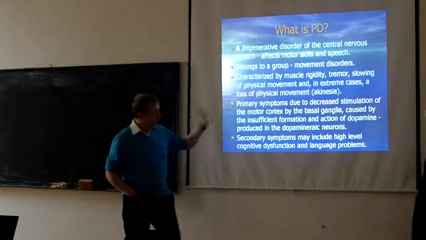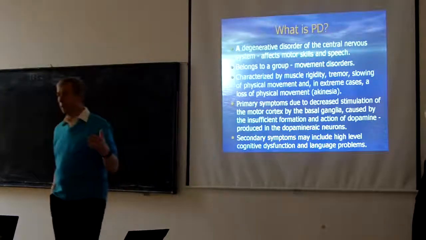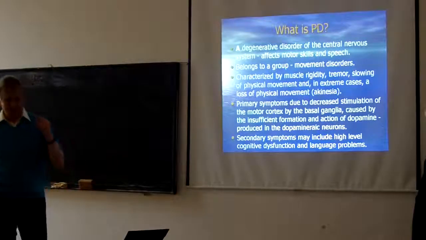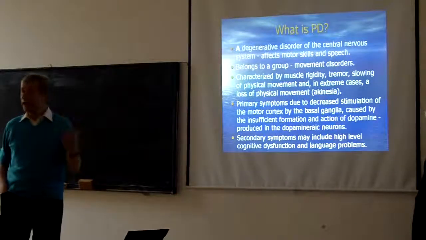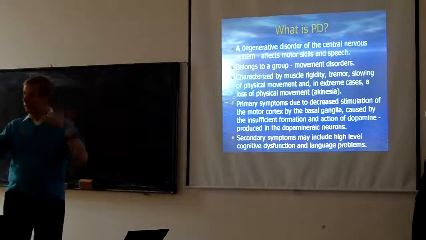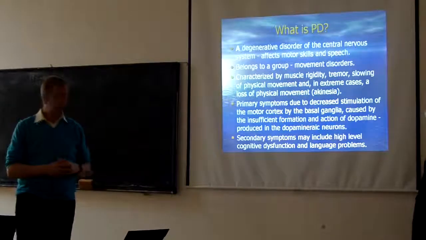The typical treatment for this was just replacement of dopamine, levodopa, so chemical treatment. But of course the human brain is electrochemical, so you're looking at two potential ways of treatment, the electrical or chemical.